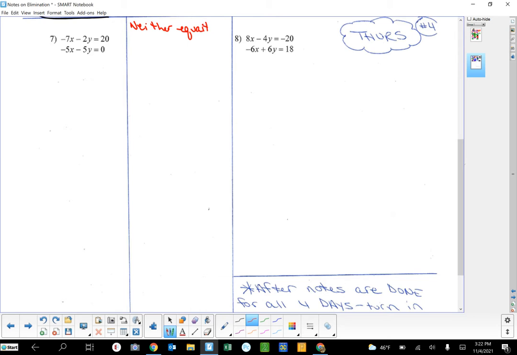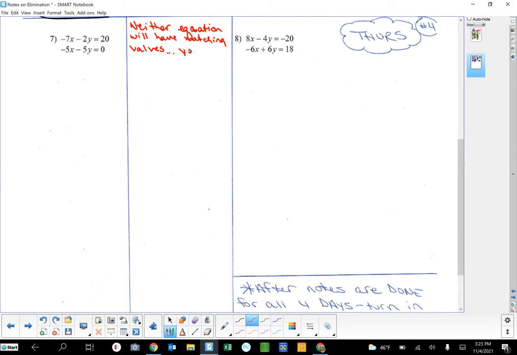Neither equation will have matching values or even one that you can multiply just to get to the other one.